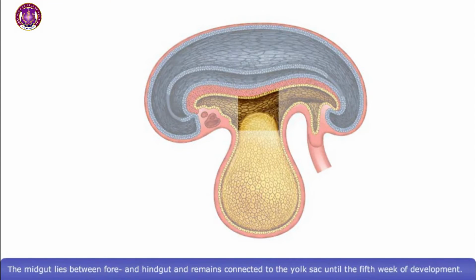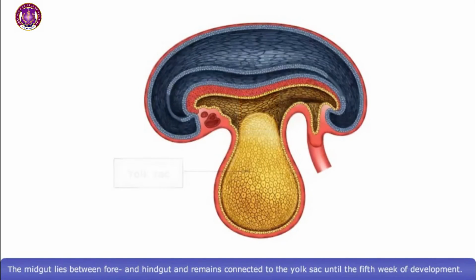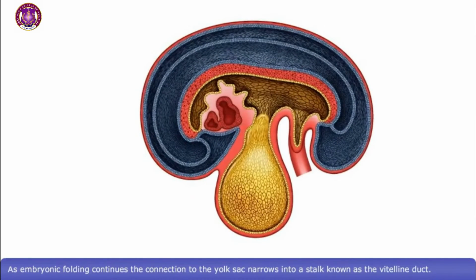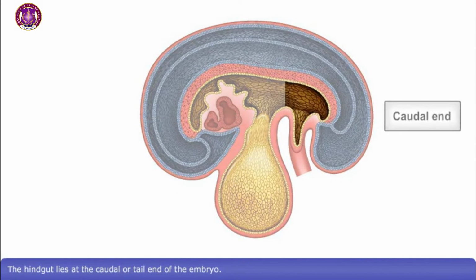The midgut lies between the fore and hindgut and remains connected to the yolk sac until the 5th week of development. As embryonic folding continues, the connection to the yolk sac narrows into a stalk known as the vitelline duct. The hindgut lies at the caudal or tail end of the embryo.